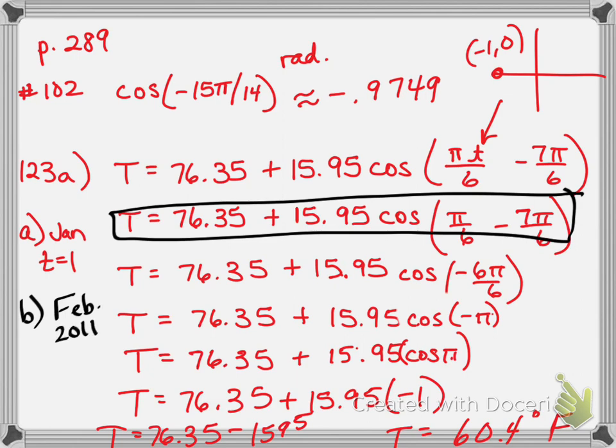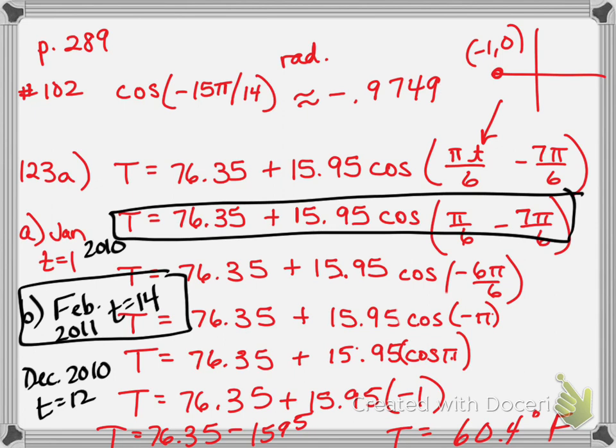So by the time we got to December 2010, that would be at t equals 12. So February 2011 would be t equals 14. So I will say that about that. That just means you're going to put a 14 right here in place of t and figure that out.